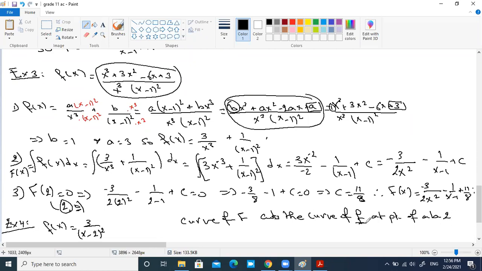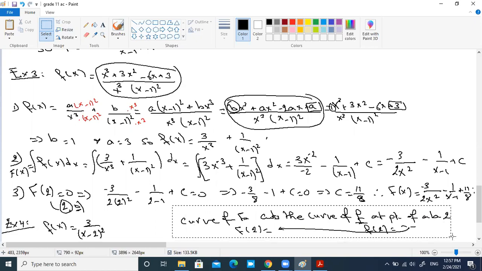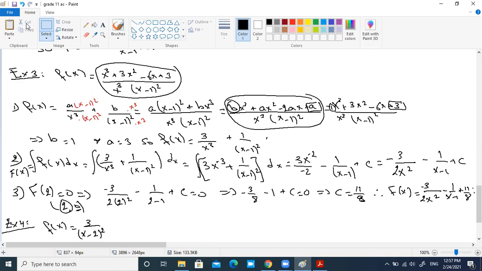This point belongs to the curve of f, so you can find f of 2 equal to some value. Replace x by 2 here. This point also belongs to the curve of f. So f of 2 is equal to this value that comes out here. It could give me anything given that points to f of some number. But if we say the x-intercept is 2, it means f of 2 is 0. Right.